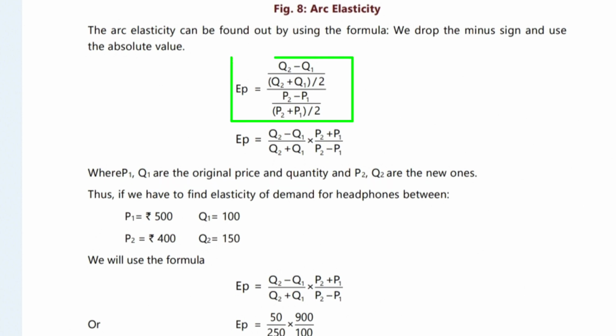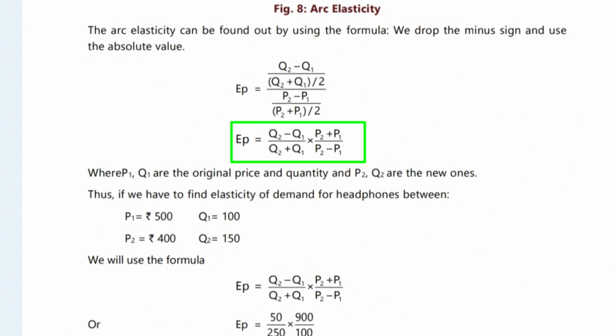Now Q2 minus Q1, the original quantity is to be deducted from the new quantity, divided by the average of the quantities, Q2 plus Q1 divided by 2. The entire is to be divided by the new price minus the original price, P2 minus P1, divided by the average of the prices, that is P2 plus P1 divided by 2. So finally you get the formula as Q2 minus Q1 divided by Q2 plus Q1 into P2 plus P1 divided by P2 minus P1.